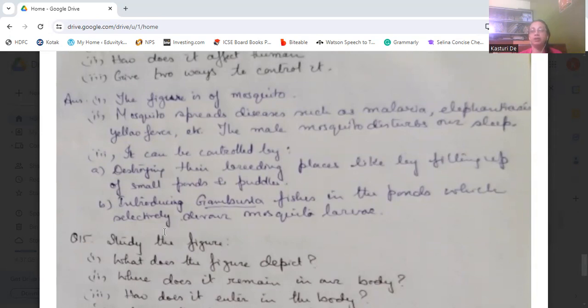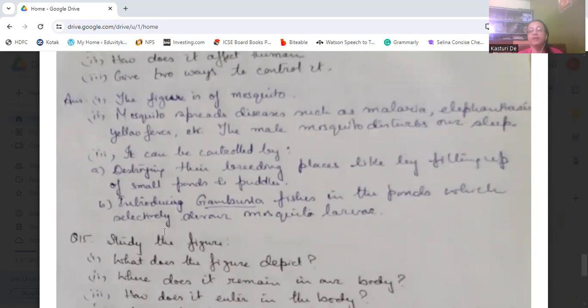By filling up small ponds or puddles where water accumulates, because in that stagnant water mosquitoes generally breed. Another way is introducing Gambusia fishes in the ponds. These are very small fishes and they feed on mosquito larvae.